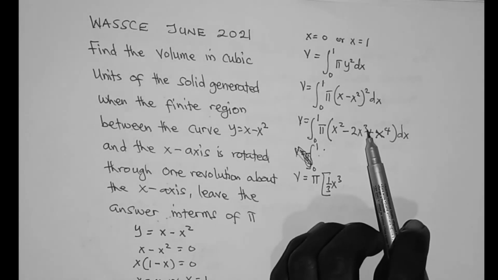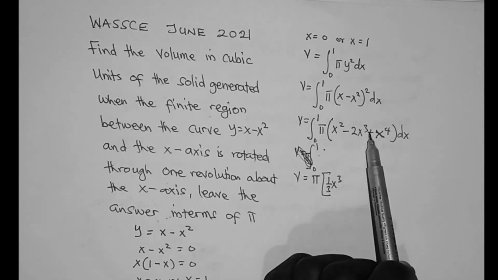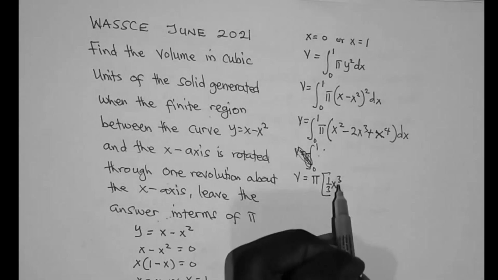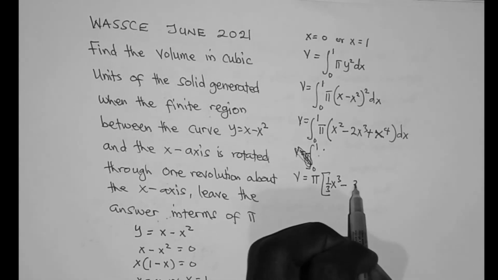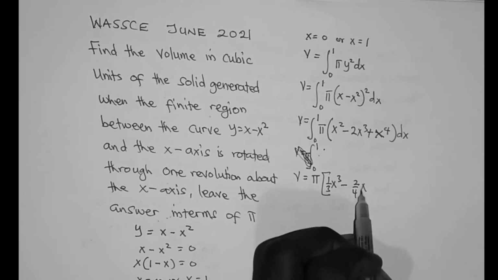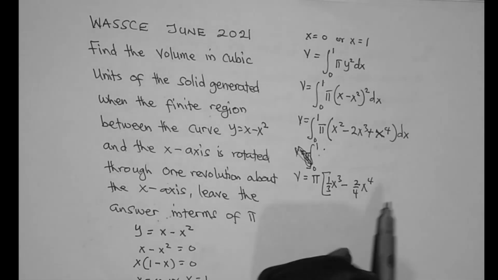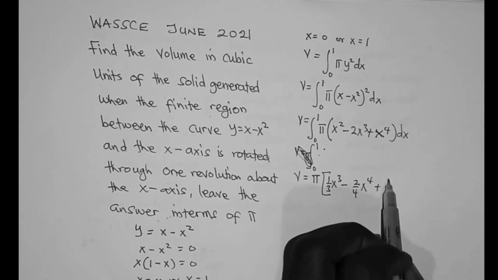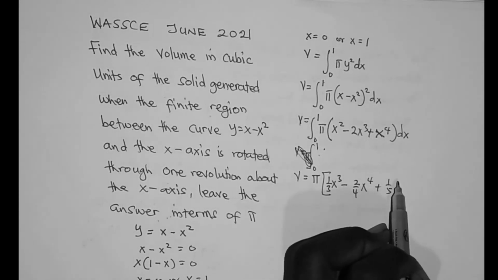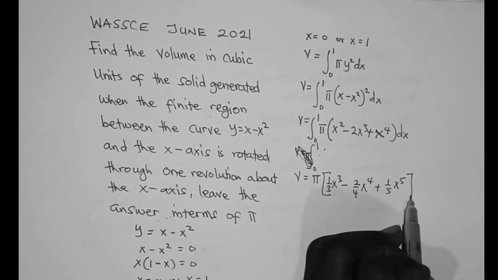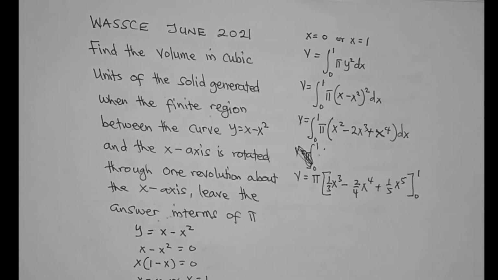Then 3 plus 1 is 4, so this becomes minus 2 over 4 x exponent 4. Then 4 plus 1 is 5, so plus 1 over 5 x exponent 5. All of this is evaluated at 0 and 1.